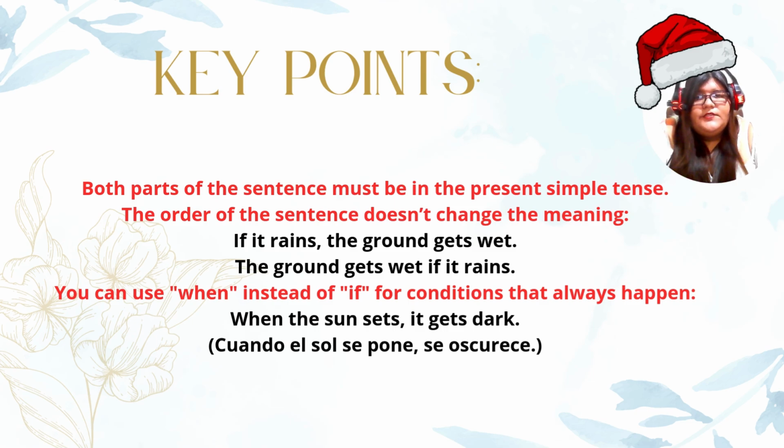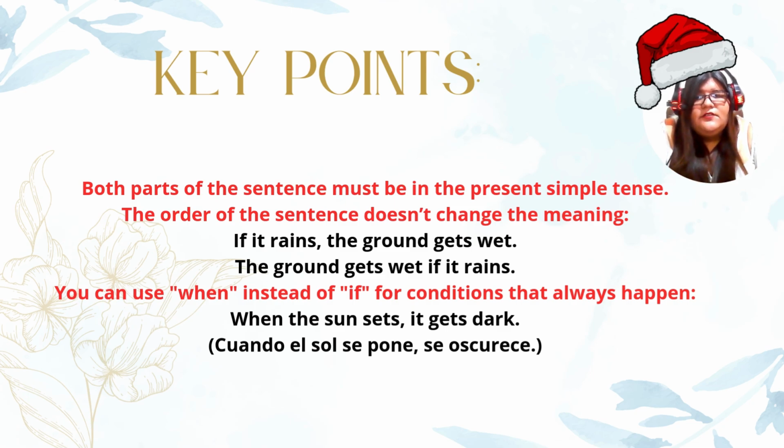Then we have here some key points. Both parts of the sentence must be in the present simple tense. For example, the order of the sentence doesn't change the meaning. If it rains, the ground gets wet. That is a fact or general truth. The ground gets wet if it rains.